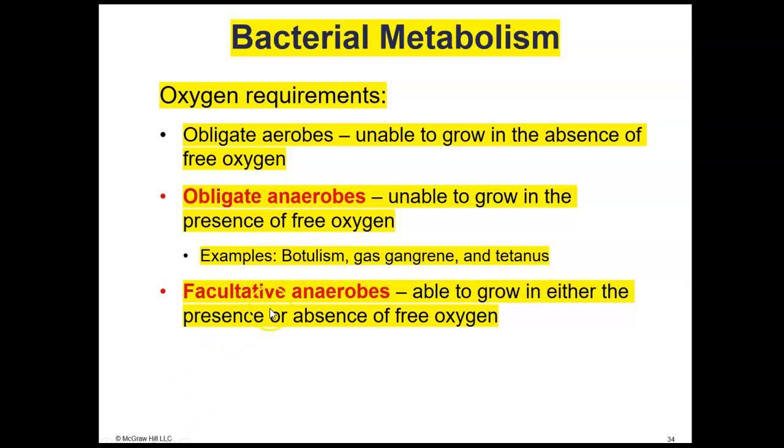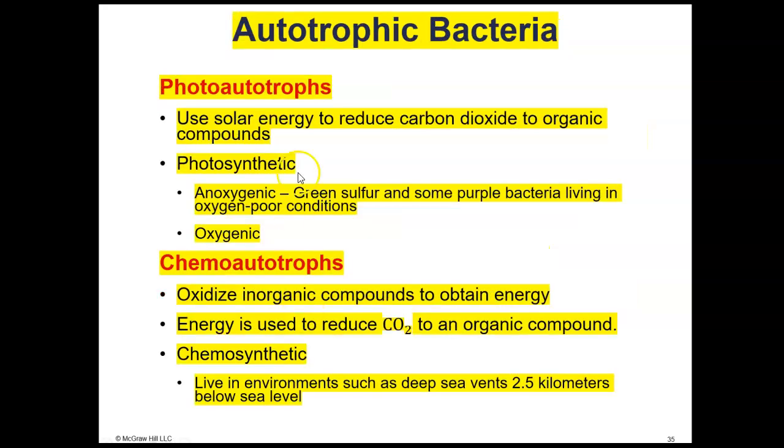Then we have facultative anaerobes, and these are able to grow either in the presence of oxygen or the absence of oxygen. They can grow either way. Now, autotrophic means that they make their own food. They don't consume their food, they make it themselves. Photoautotrophs carry out photosynthesis, but the anoxygenic green sulfur and purple bacteria that live in oxygen-poor conditions don't actually produce oxygen.